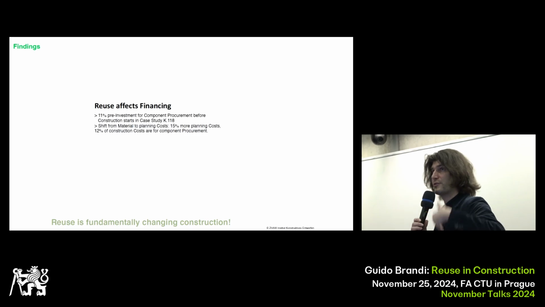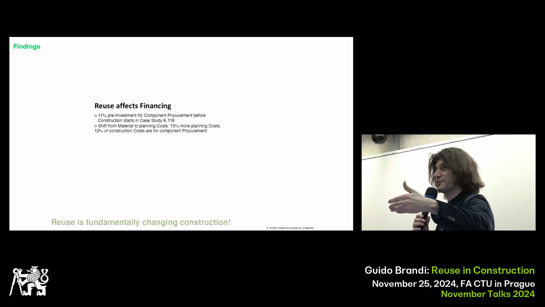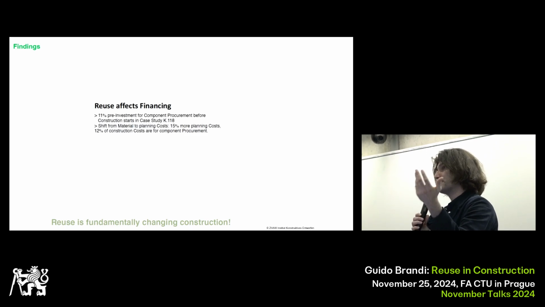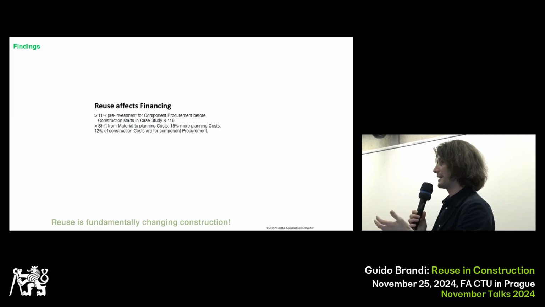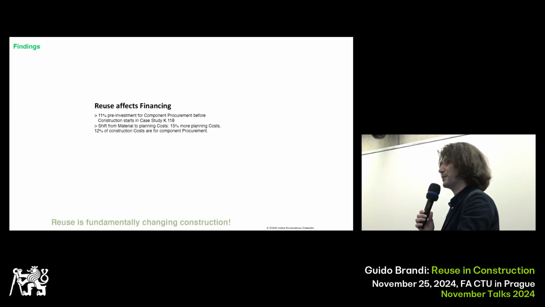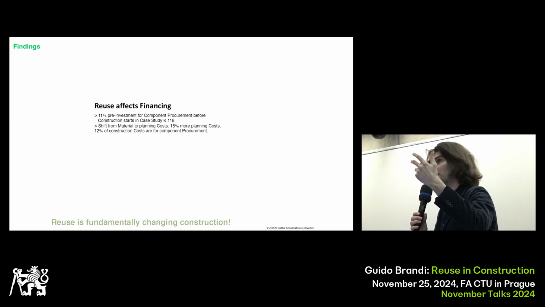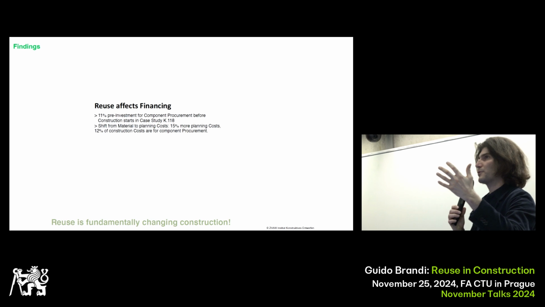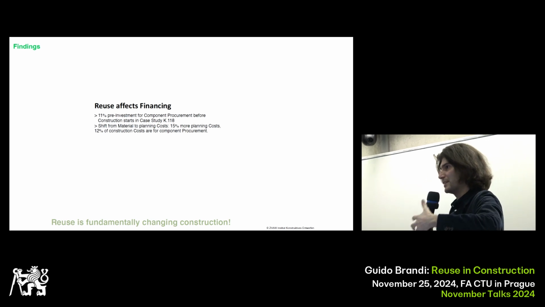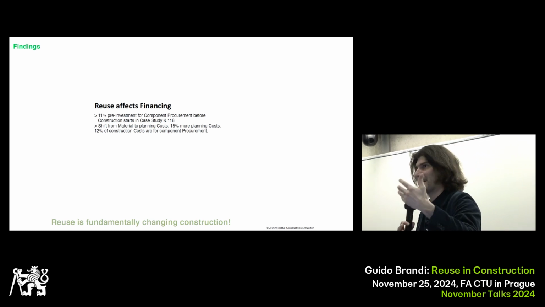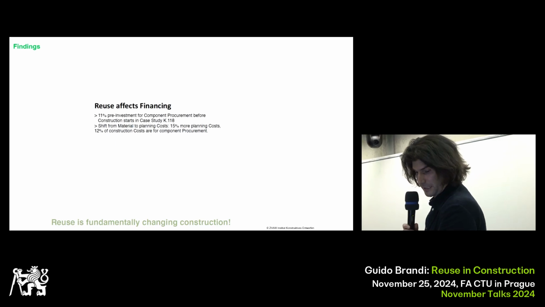We saw that you have to invest much more money before the construction starts, and this can be a problem if there is a private client with not so much money who cannot take the risk. In this case, it was perfect because it was a pension fund. They also don't want so much risk, but they have much more money. They have bigger clients. They can assume some risk.